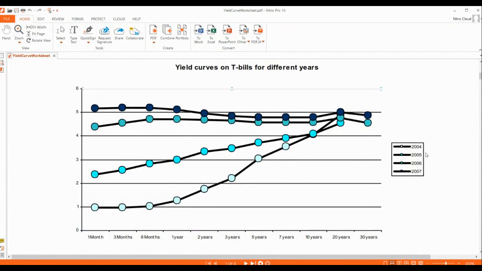For example, let's take 2006 or 2007, where the yield curves are very flat, or even downward sloping, depending on which part you're looking at. What must people have thought in that year? Well, if a yield curve was flat, it means they expected interest rates to go down in future years.